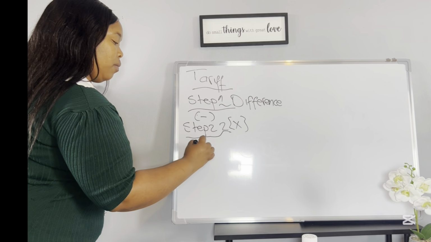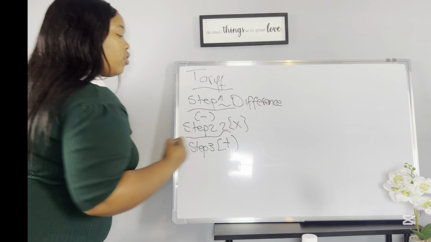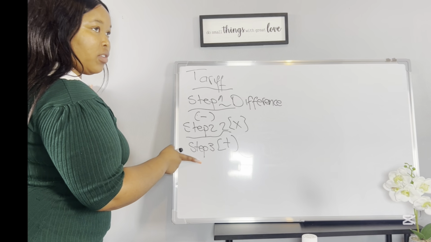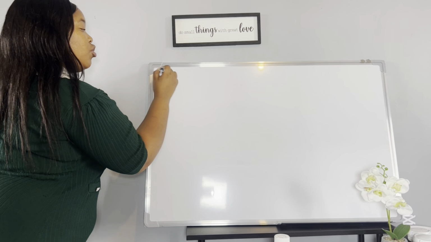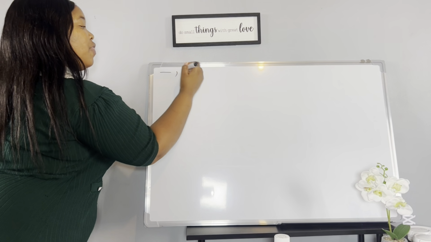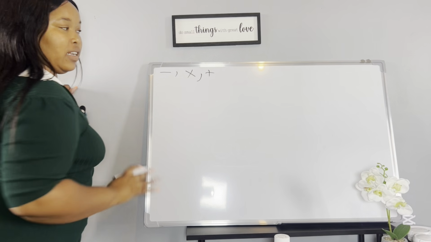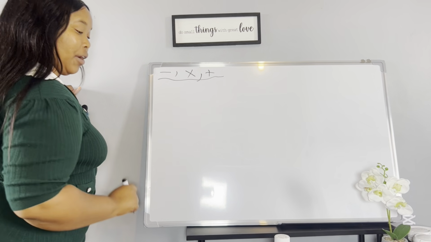Then step 3, what do we do? We add all our answers. I'm giving you a chance to pause this video and write this down. So now we already know that we minus first, then we multiply, and then we add. These are the steps of calculating a tariff.